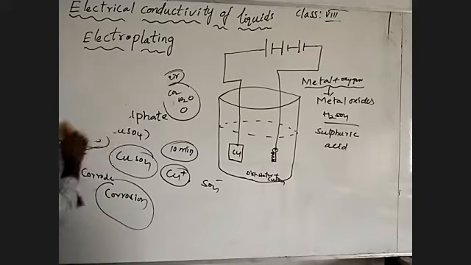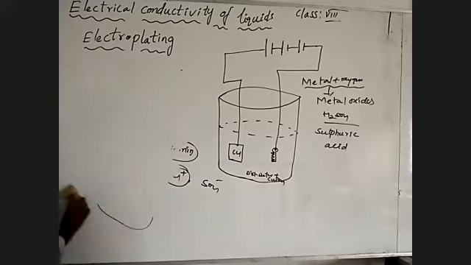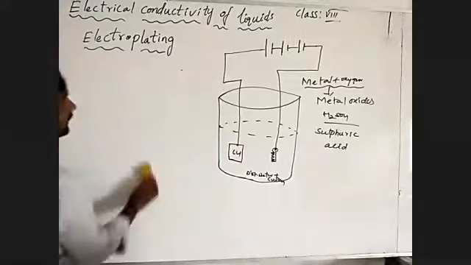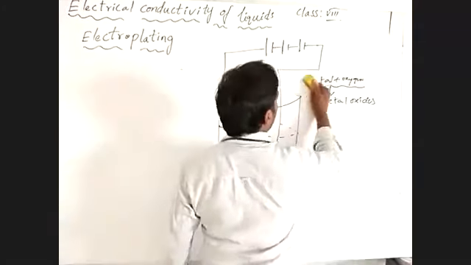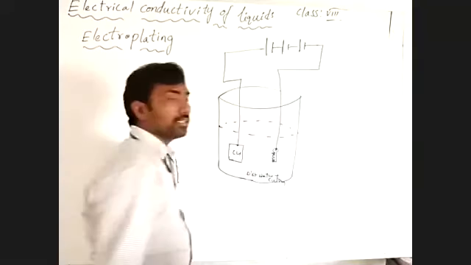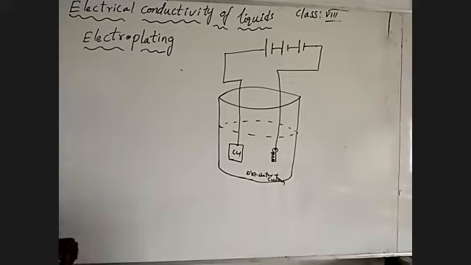Generally, what do we call electroplating? Electroplating means the coating of one metal on another metal.